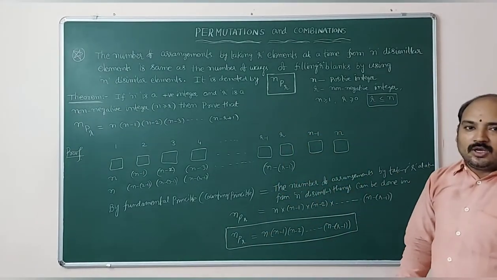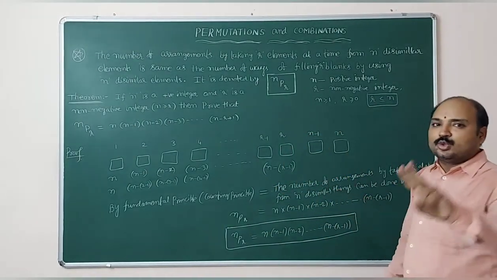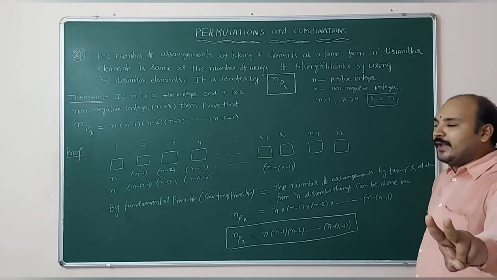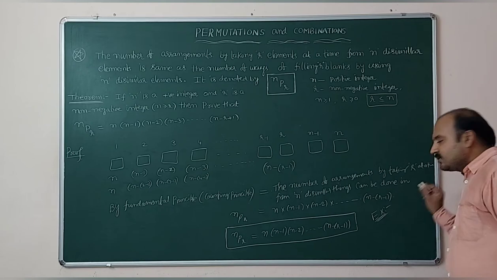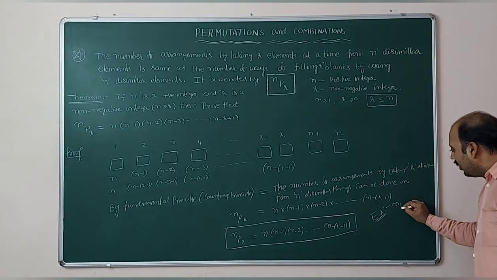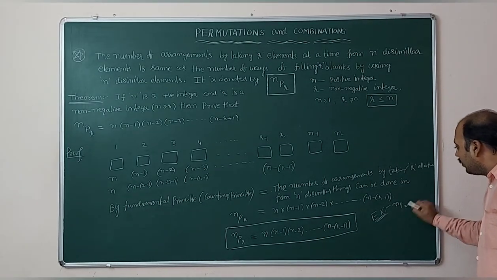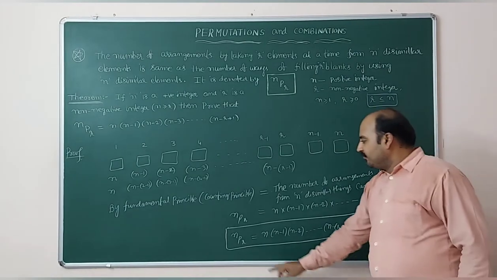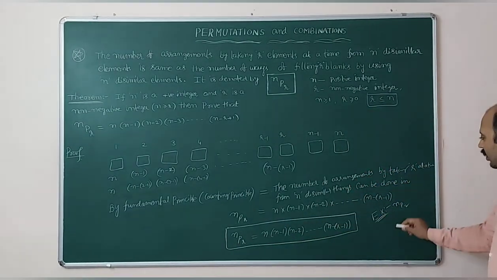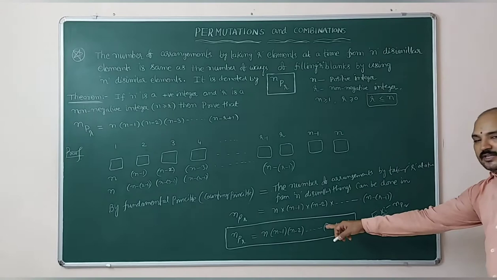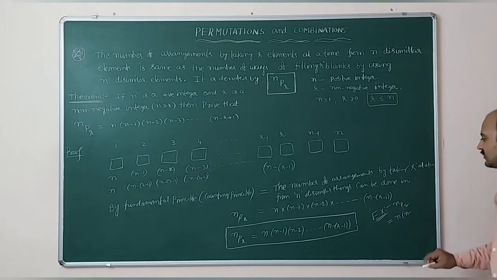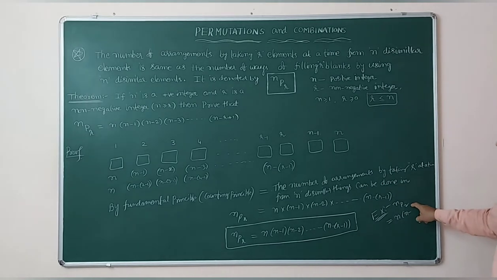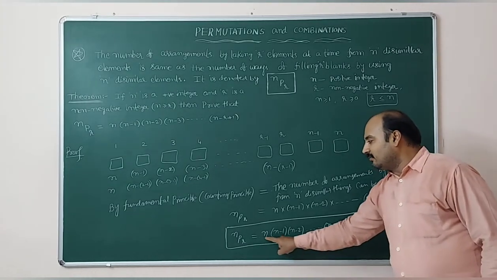So for example, out of n things, we have to arrange only 2 things at a time. That means nPr with r replaced by 2. In this formula, you can substitute: remember only the first 2 terms will come.